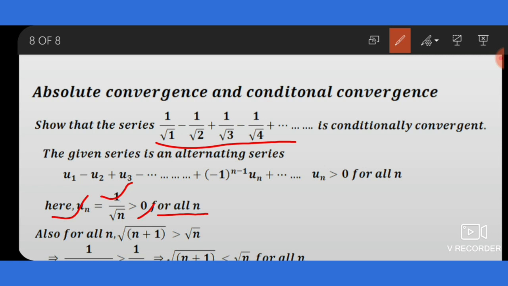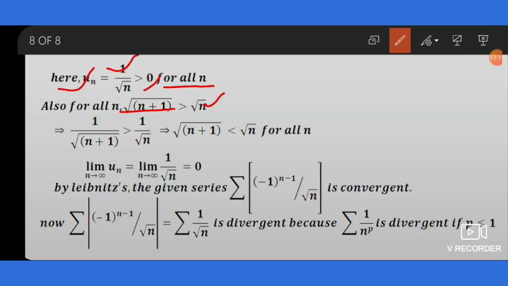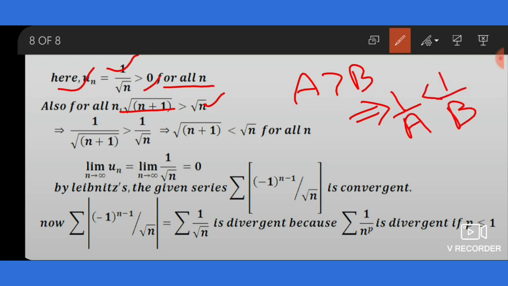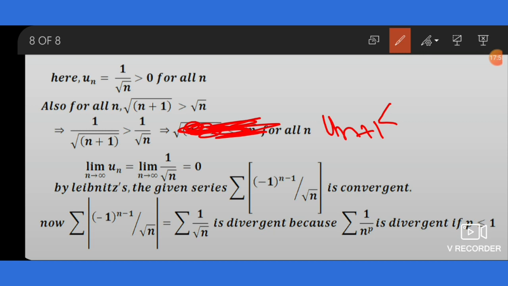Also for all n, root of n plus 1 is greater than root of n. We know that if a is greater than b, this implies 1 upon a is less than 1 upon b. Similarly, this implies 1 upon root of n plus 1 is less than un for all n.